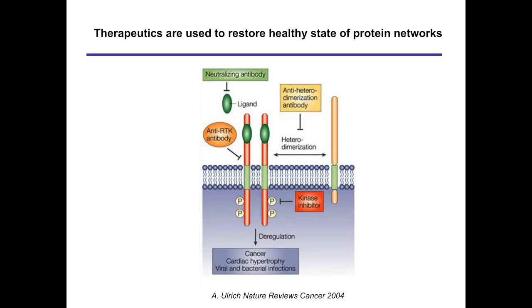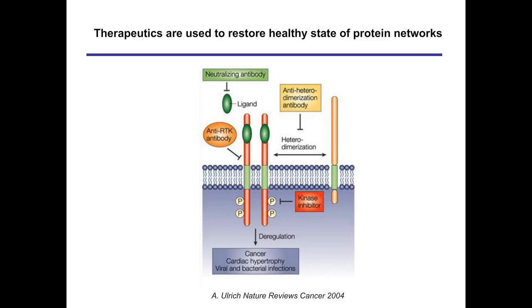So in therapeutics, biotherapeutics, where we're developing molecules, often we're trying to develop neutralizing antibodies to the ligands that are attaching to growth factor receptors. Sometimes we're trying to prevent the dimerization of the receptors themselves or their activation, or there are small molecules that are developed which inhibit the kinase domains of these growth factor receptors on their intracellular surface.